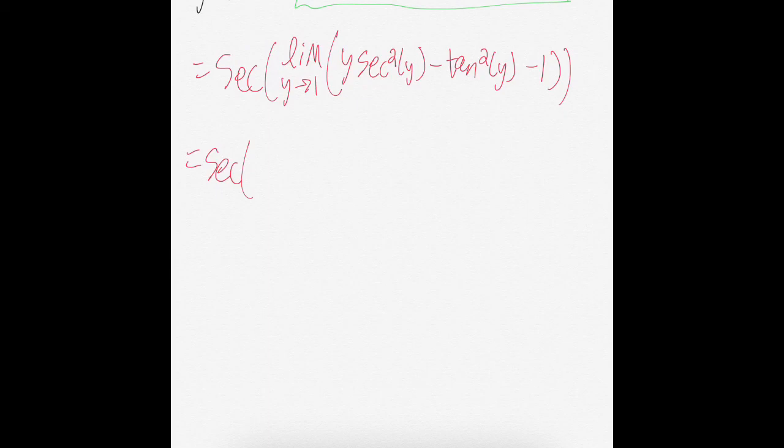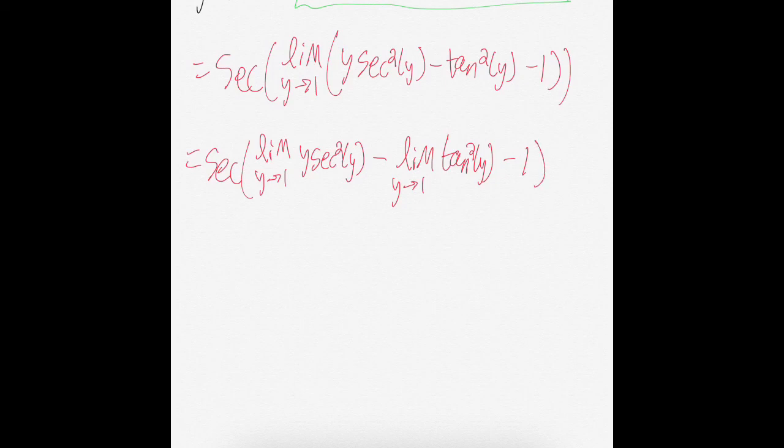And so now what I can do is distribute this limit across addition. So now I'm going to have the limit as y approaches 1 of y secant squared y minus the limit as y approaches 1 of tangent squared y minus 1. No need to take a limit of 1 because that's just 1.